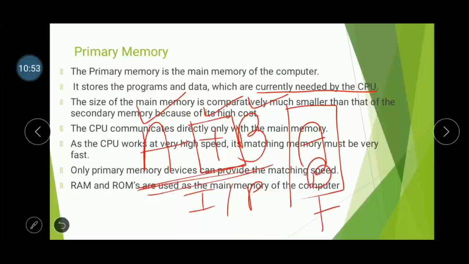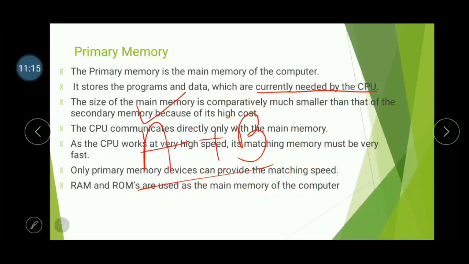So while taking the information one by one from the input devices, that is meant by currently needed by the CPU. Now the CPU is working on this process A plus B, that is the currently needed information of the CPU. So the primary memory stores the programs and the data which are currently needed by the CPU.